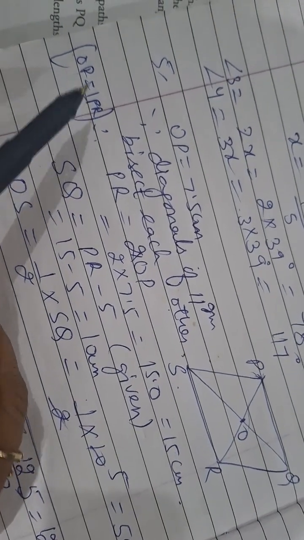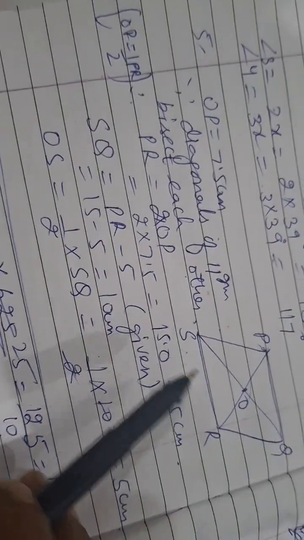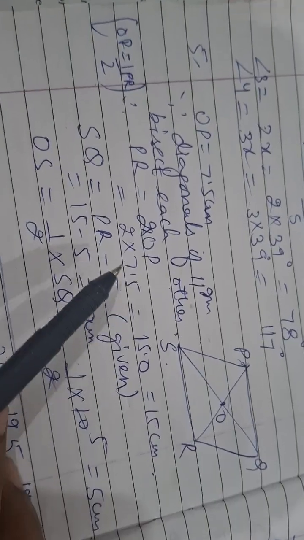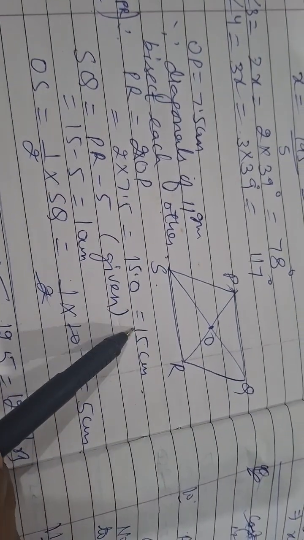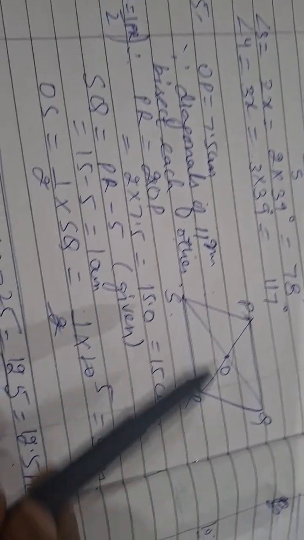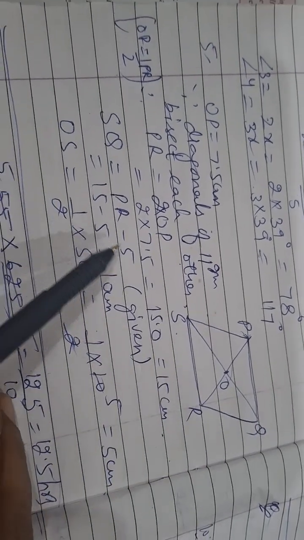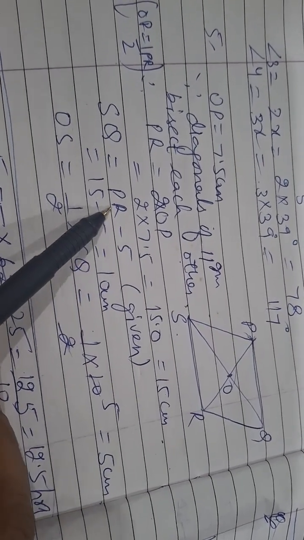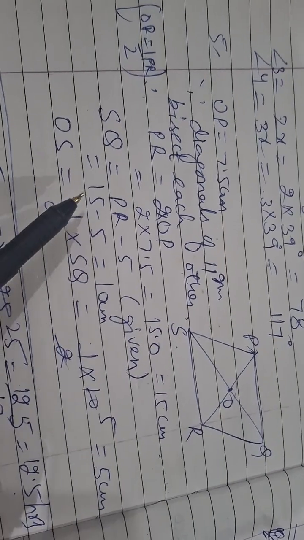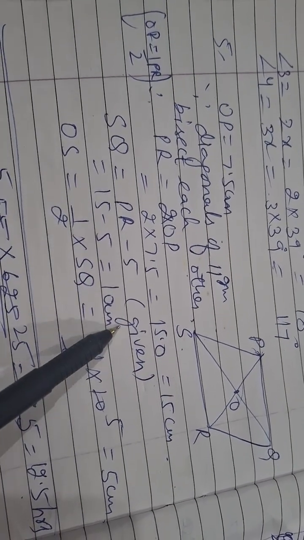Now, 2 into 7.5 is 15 centimeters. Now SQ is given as 5 centimeters less than PR. So PR minus 5, PR is 15, 15 minus 5 is 10.